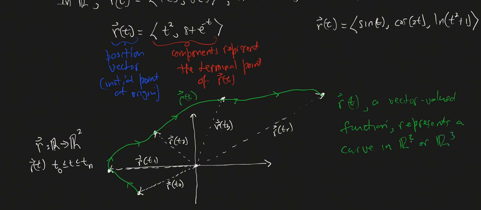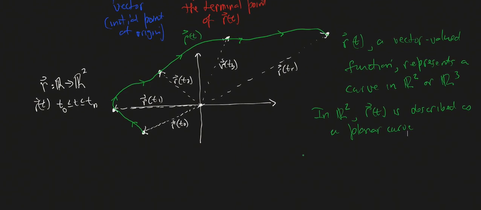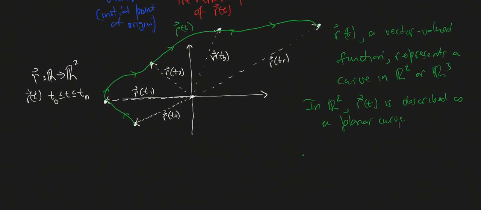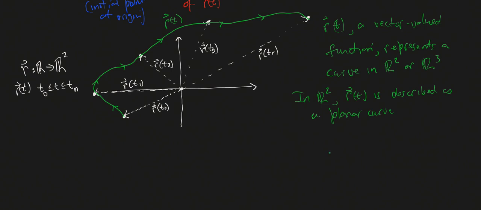In R2, it would be referred to as a planar curve because it's in a plane. So in R2, r of t is described as a planar curve. Again, it's another way of describing objects that we have a lot of familiarity with. We know a lot about curves, and we now know a bit about vectors, and we're putting those ideas together.